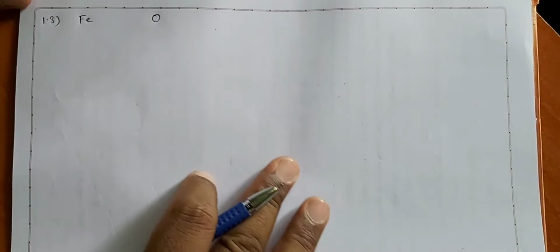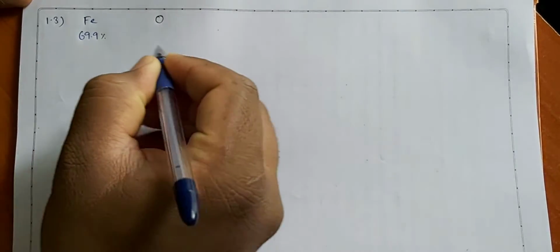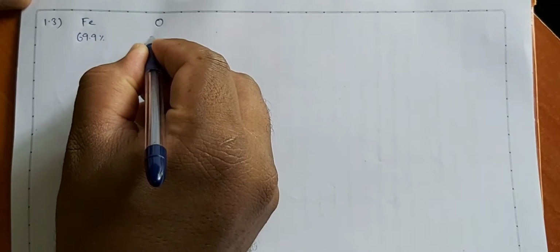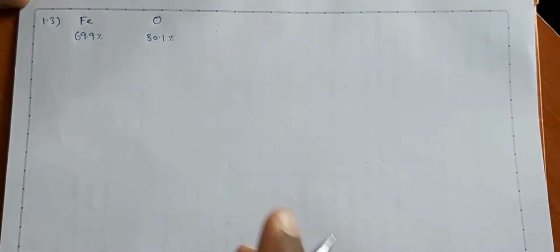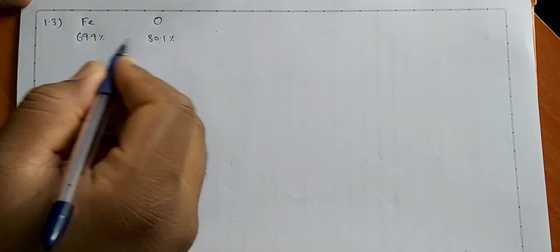Iron percentage they gave 69.9% and oxygen percentage they gave 30.1%. After writing these percentages, this is first step.